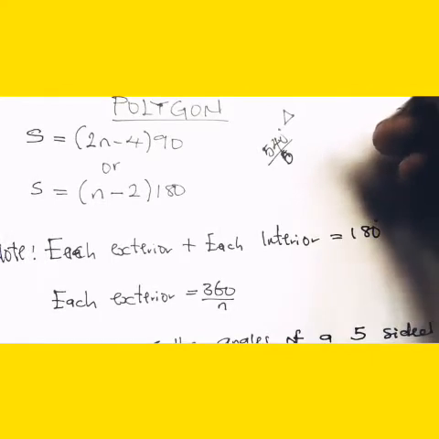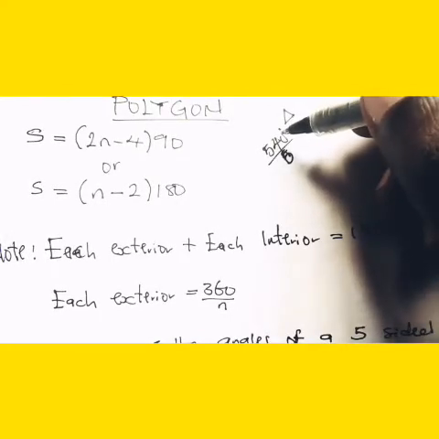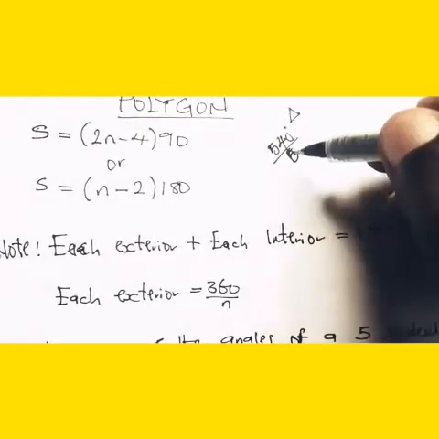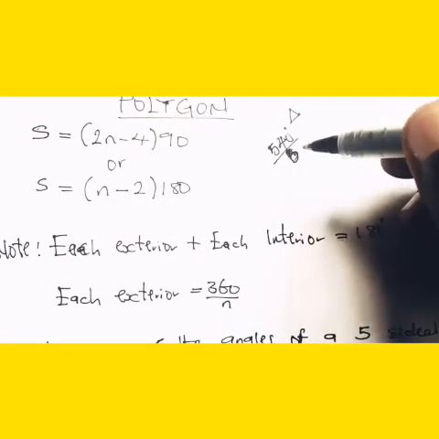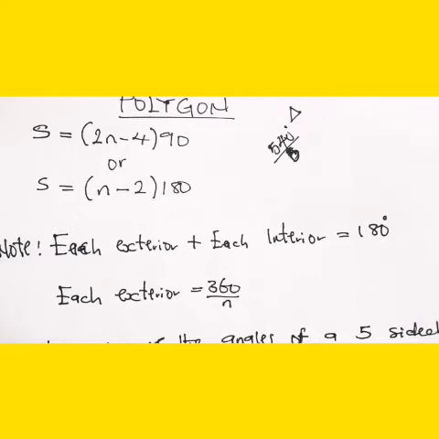The total sum of interior angles in a regular pentagon is 540. Each interior angle is 540 over 5, because the pentagon has 5 sides. That is basically how we calculate problems that have to do with each interior angle or each exterior angle of a regular polygon.